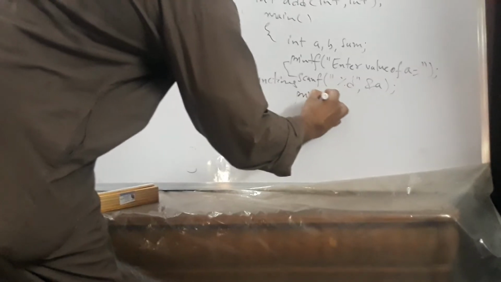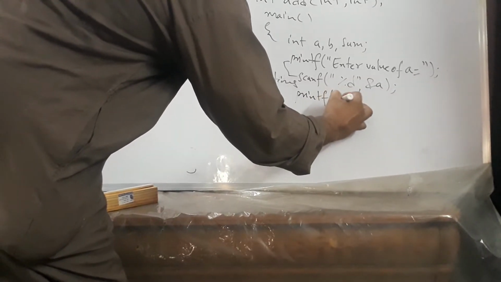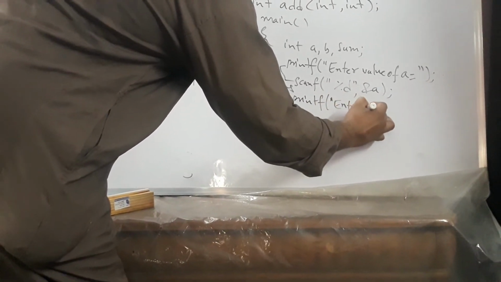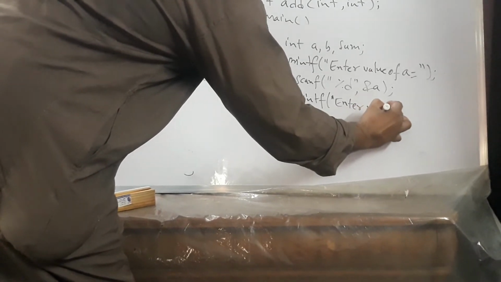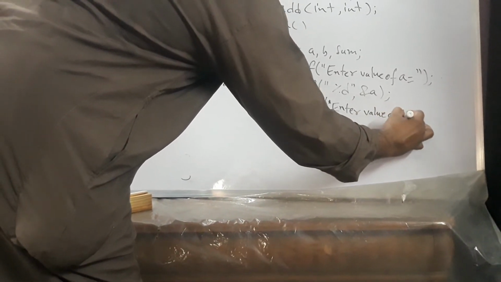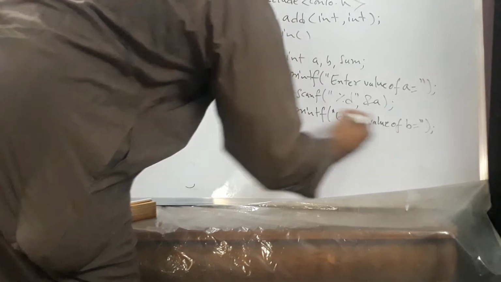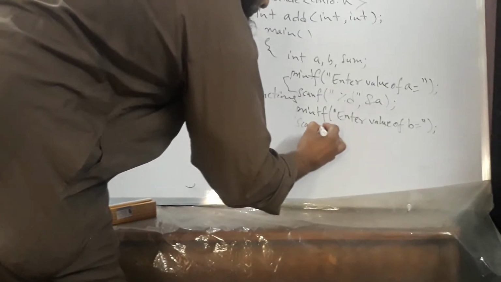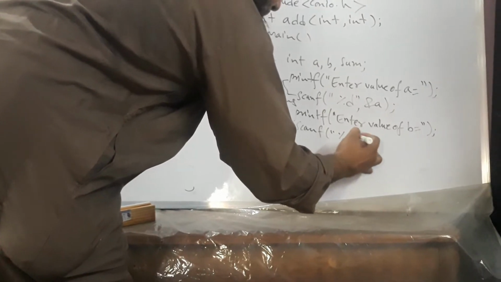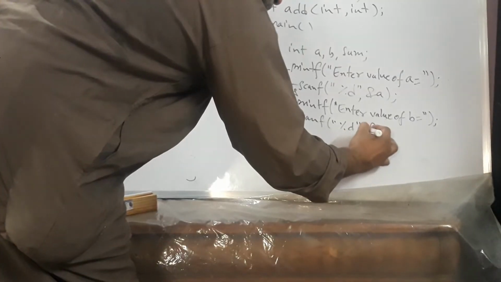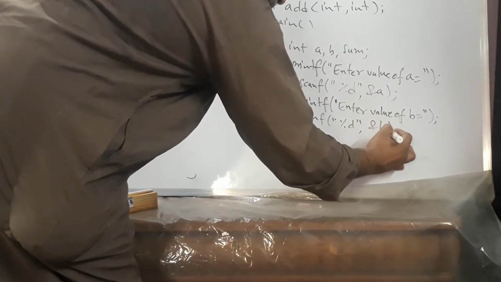Then we'll take up the value of the second variable, that is b. scanf, again format specifier %d for integer, ampersand b.